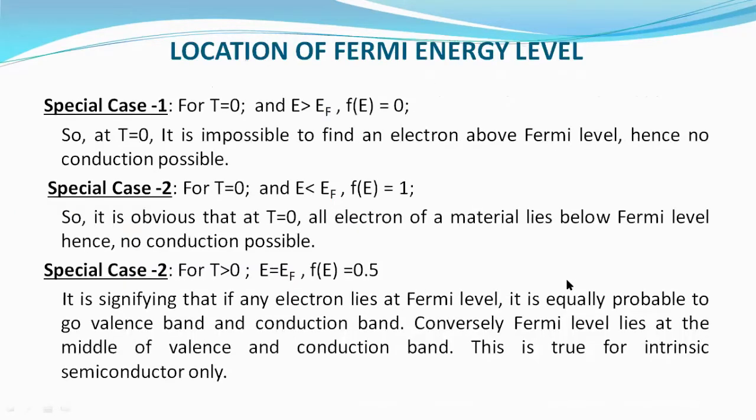Now, if we consider some special cases of this Fermi-Dirac distribution function, certainly we will get some idea to evaluate where that Fermi level EF should exactly lie. So let's consider the case when T is equal to 0, meaning absolute temperature is 0, and E is greater than EF.